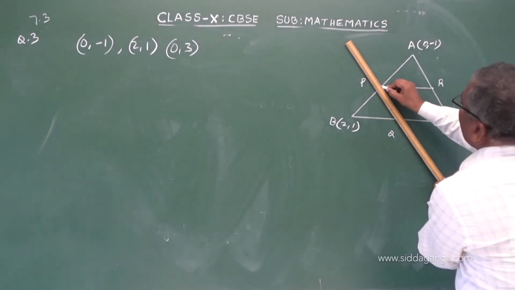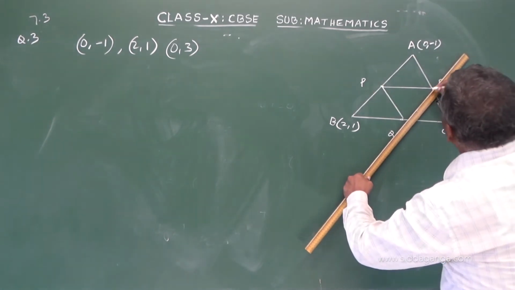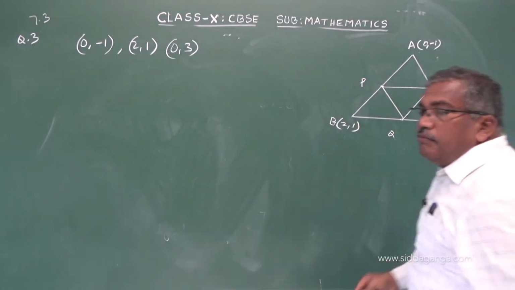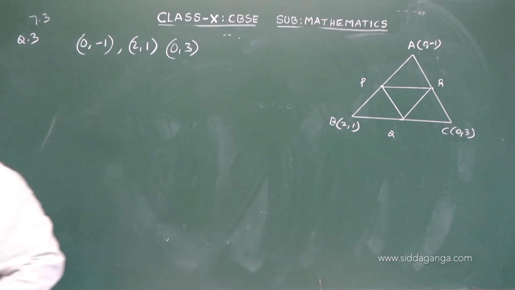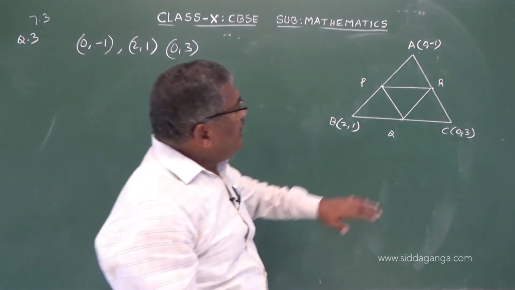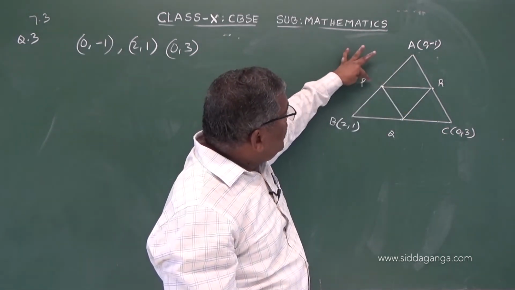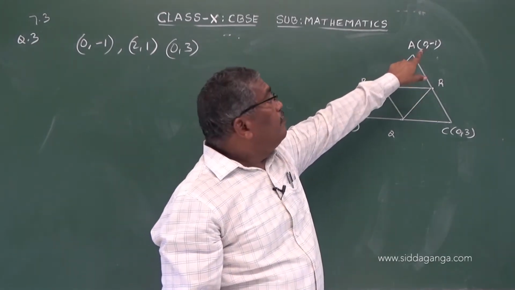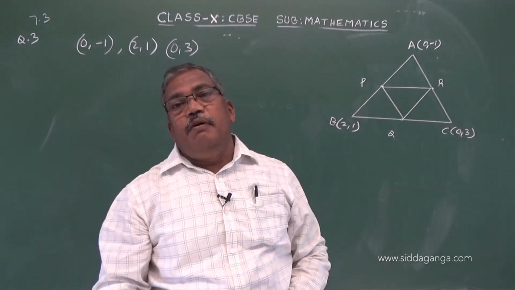We are getting another triangle here, PQR. Now the question is, find the ratio of the area of this smaller triangle PQR to that of the bigger triangle ABC. So that is the problem.